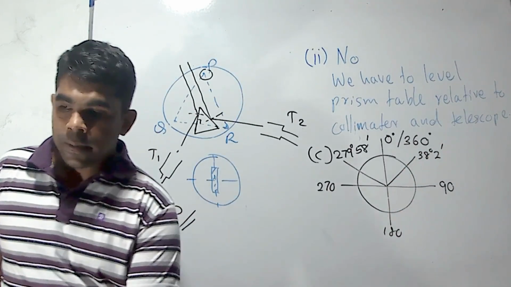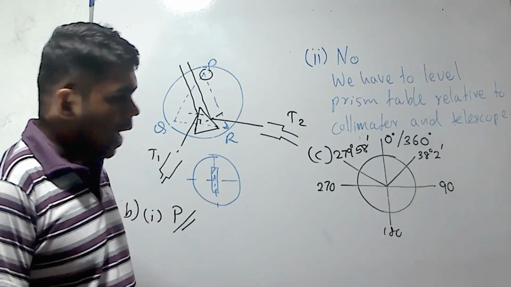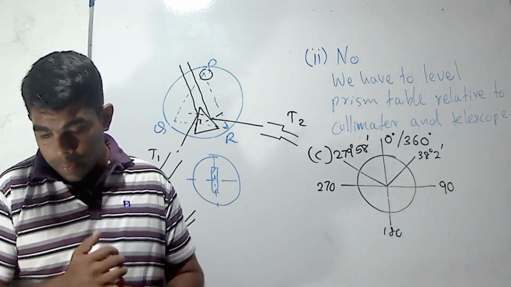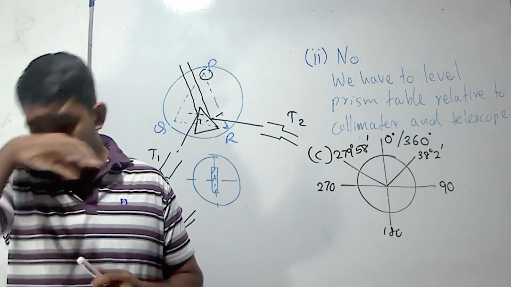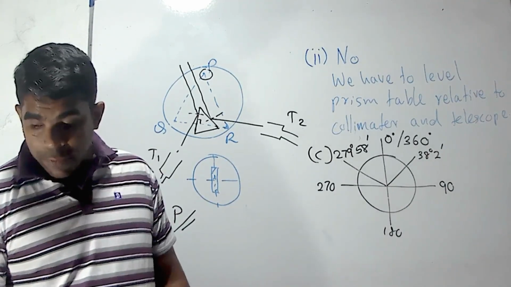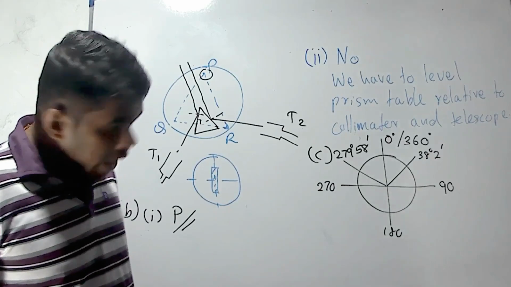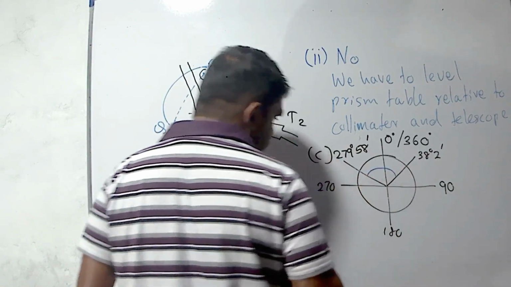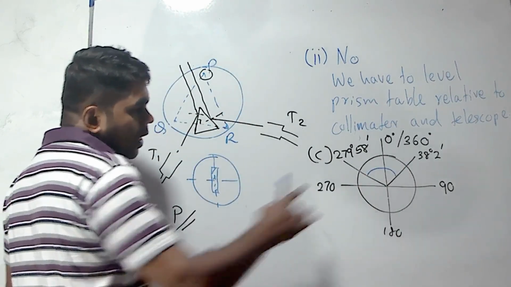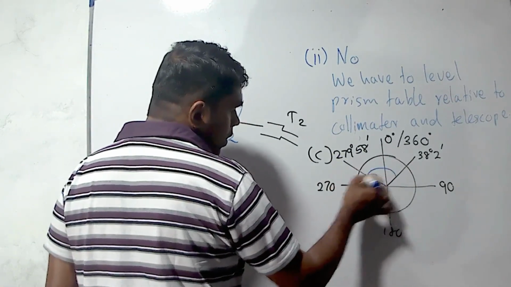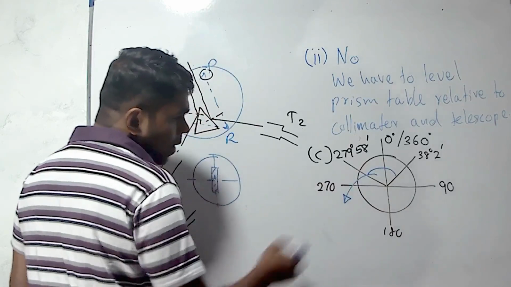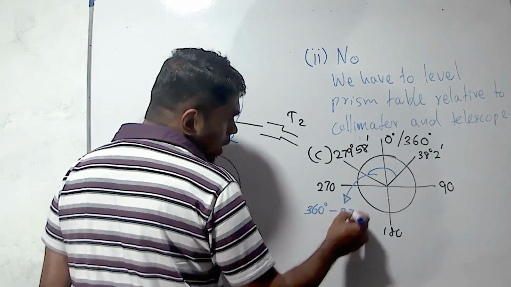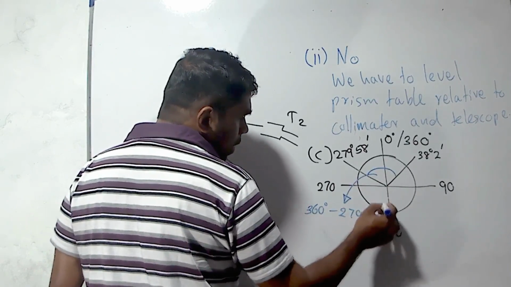When finding the prism angle, they have given that when rotating the telescope, the main scale 0 is passing. Therefore, we have to calculate this angle. When calculating this angle, we know that this part is 360 degrees minus 279 degrees and 58 minutes.